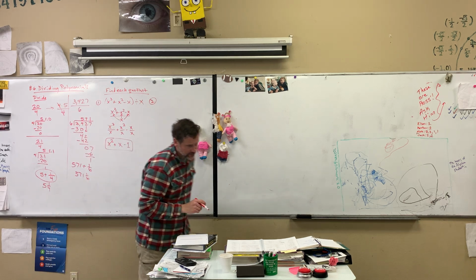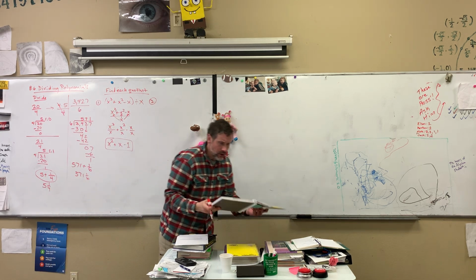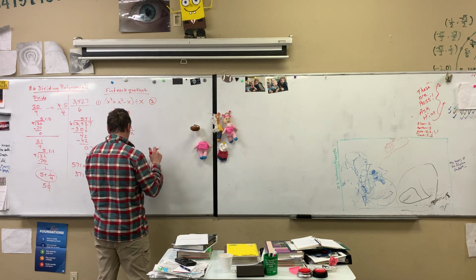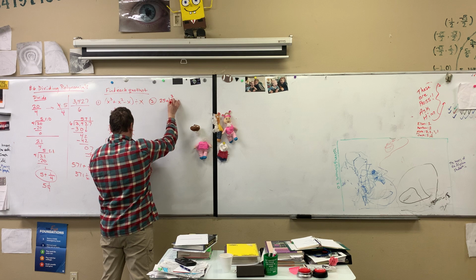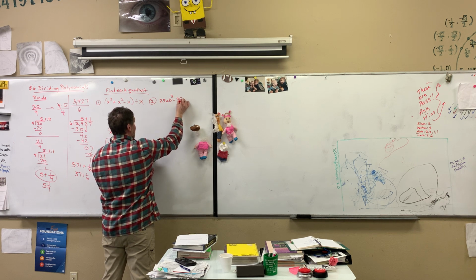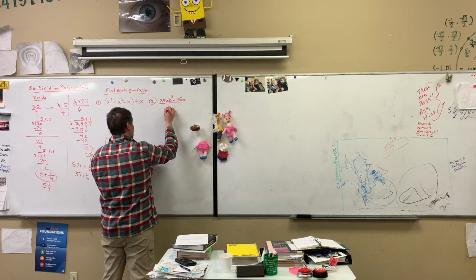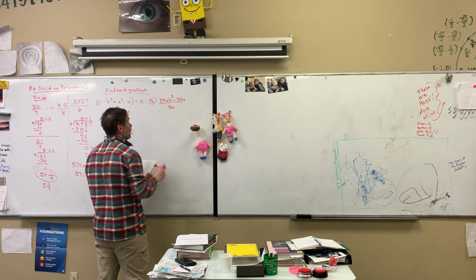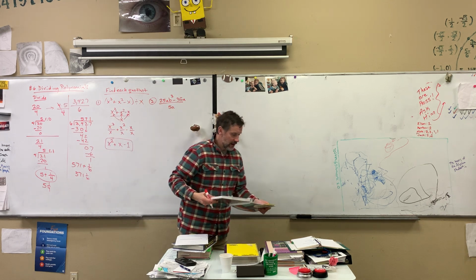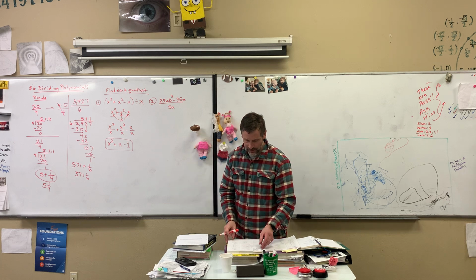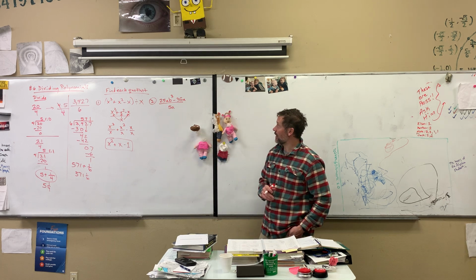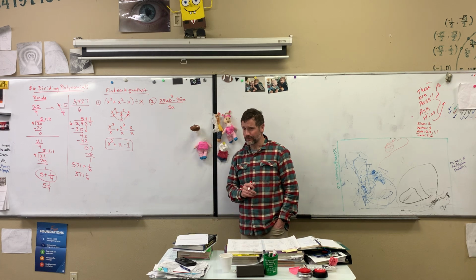Let's expand our knowledge a little bit here. What happens when we have a little bit different formatting? We have 25ab cubed minus 35a, all divided by 5a. Even if it's hard to see, it's 25ab cubed minus 35a divided by 5a.